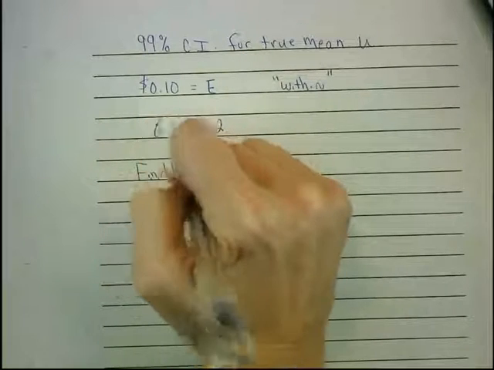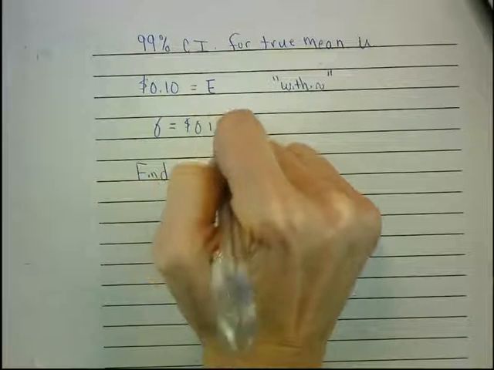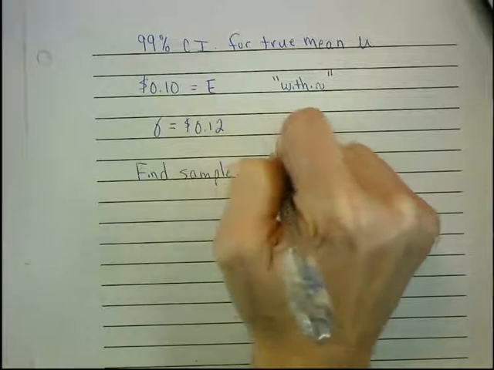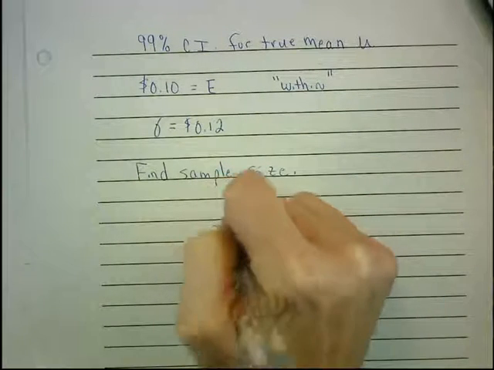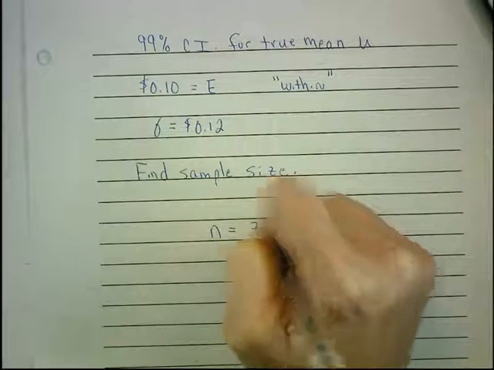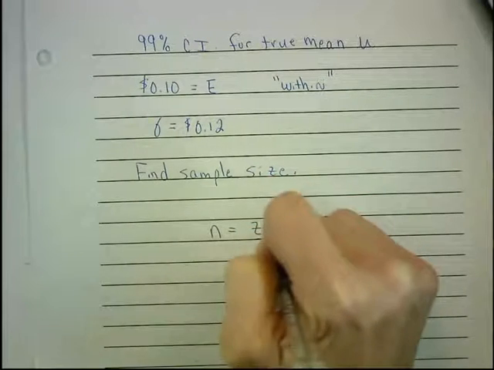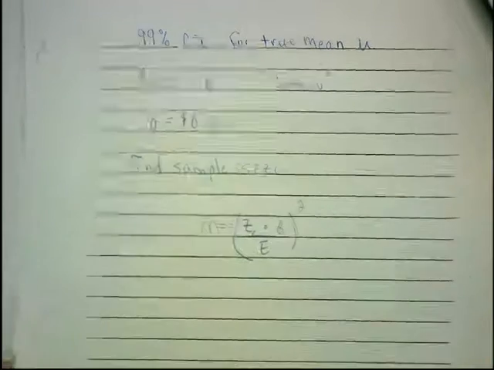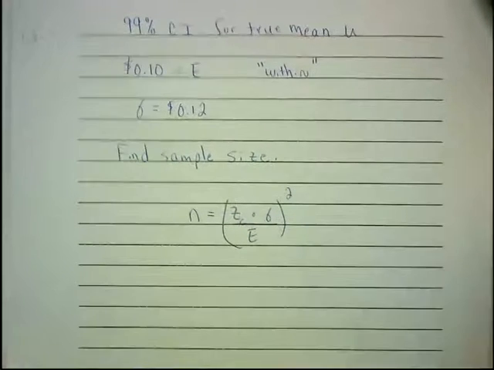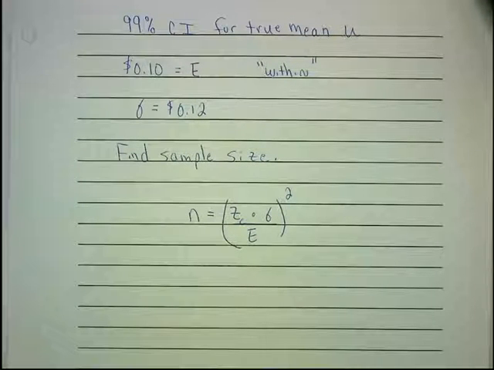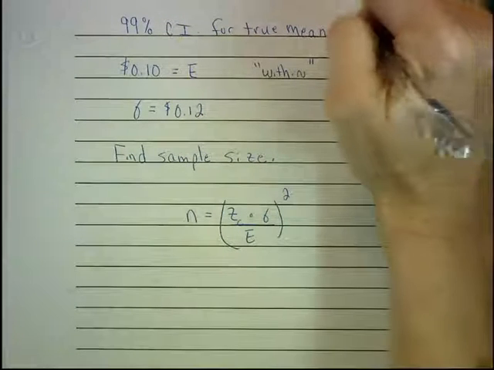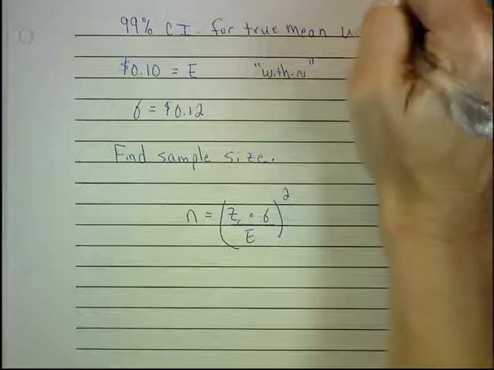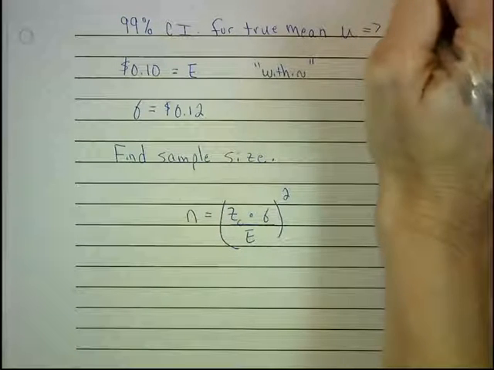Now, sample size. Find minimum sample size for this problem. N is equal to Z times sigma over E, quantity squared. If it is a 99% confidence interval for the true mean, then we automatically know that this implies that your Z sub C is 2.58.